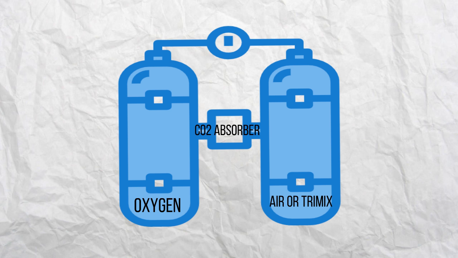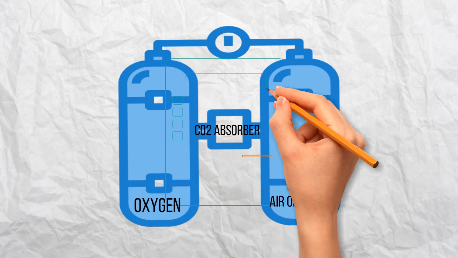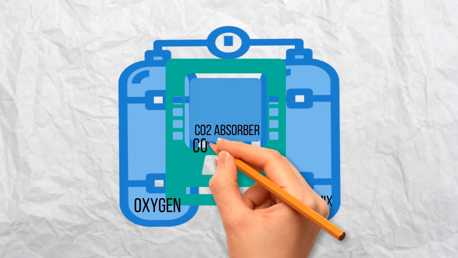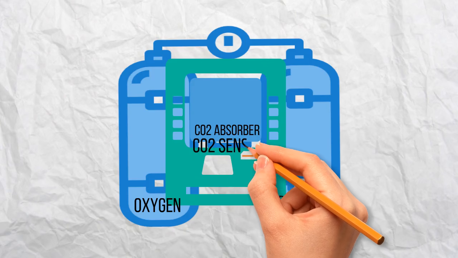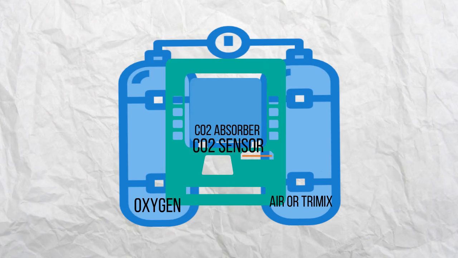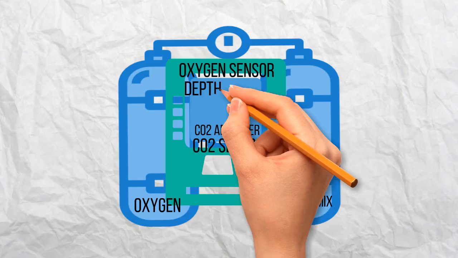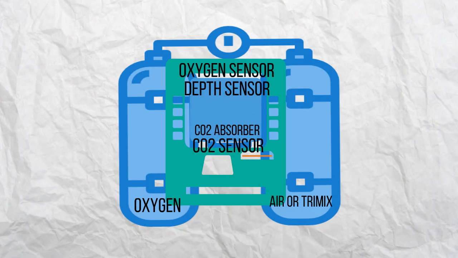Thinking about the electronics that are in a rebreather, one of the important things is a way to monitor the levels of CO2 that are in the breathing loop. The diver needs to be able to make sure that the CO2 levels are being kept safe. CO2 is an absolute silent killer. And the other killer that we've talked about in other videos is oxygen toxicity, having too high an oxygen partial pressure.